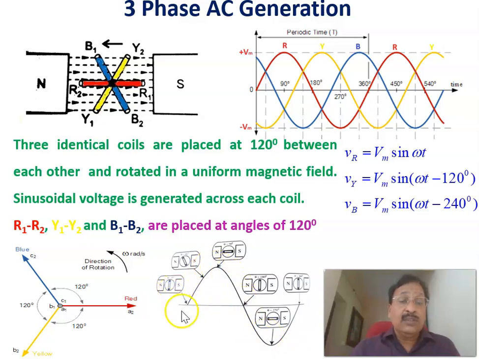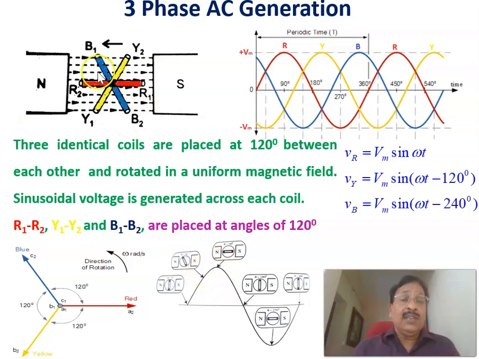Once the coil is vertical to the magnetic flux lines, the voltage induced in the coil is equal to 0. Now, as the coil rotates and makes an angle, for example 60 degrees, with the magnetic field, the voltage induced will be sine 60 of that maximum value.